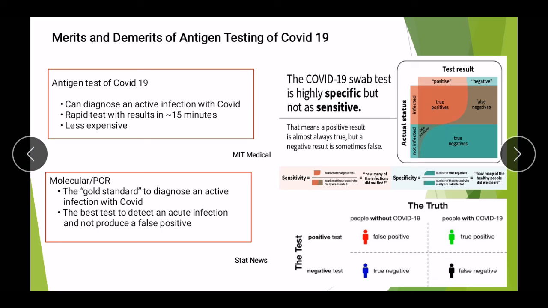In one paper I read, specificity was 95 to 97.6, but sensitivity was 55 to 57. Again, it depends on the various strips used, but it has been seen that sensitivity is very low.